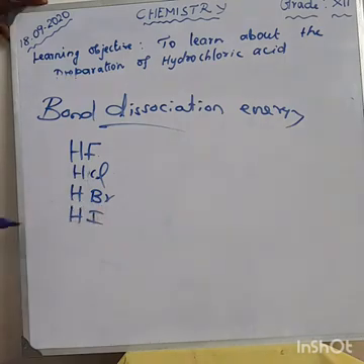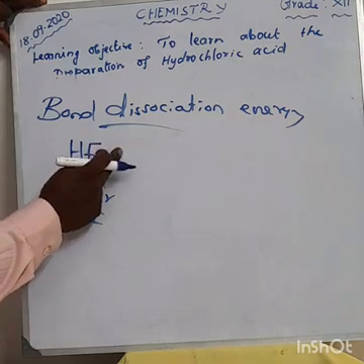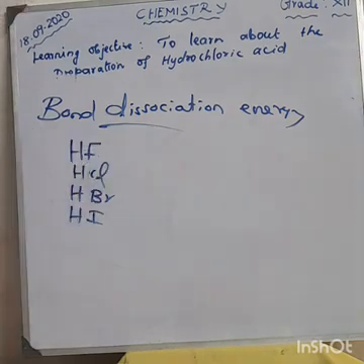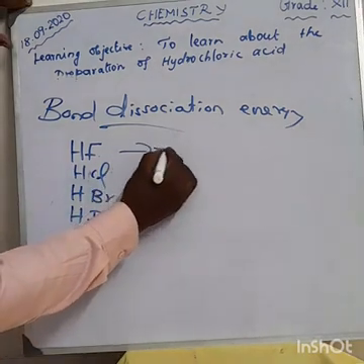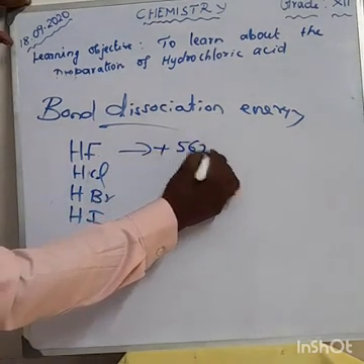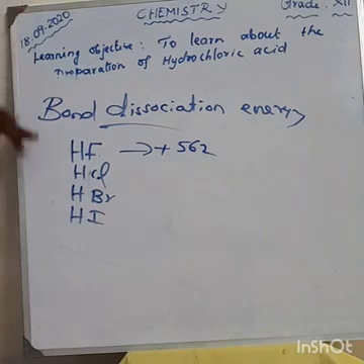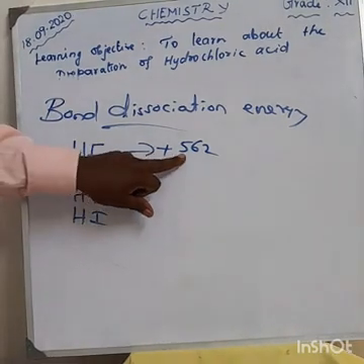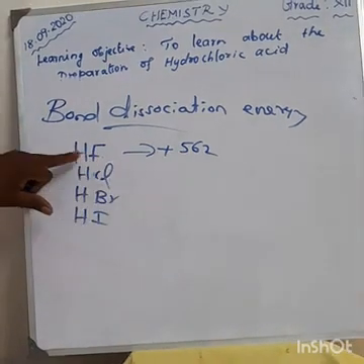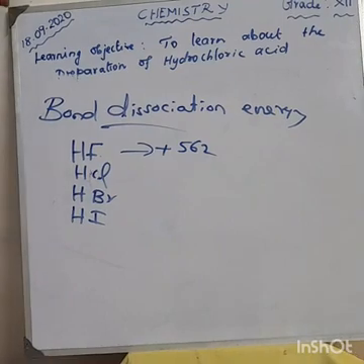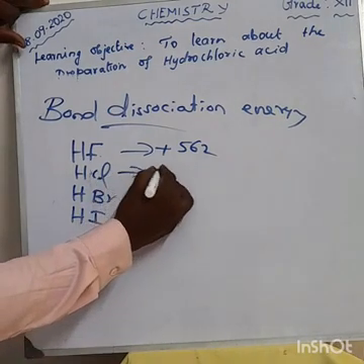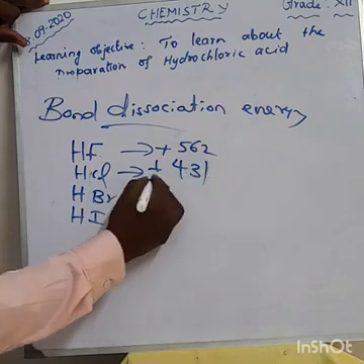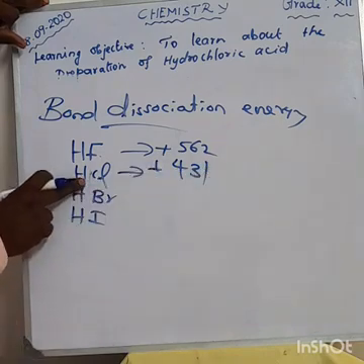What is the bond dissociation energy of hydrogen fluoride? That is about plus 562. This is the bond dissociation energy value, about 562 for hydrogen fluoride. Next one is plus 431 for hydrogen chloride.